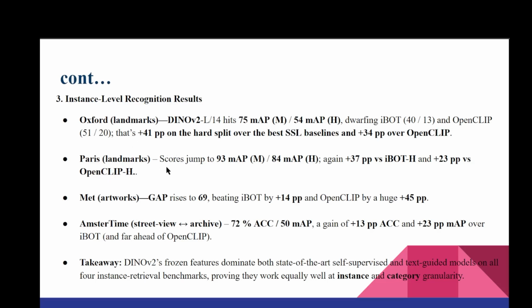On the Paris dataset, the scores are 93 and 84, and on the Met dataset it has 69. So the takeaway is DINOv2's features dominate both state-of-the-art self-supervised and text-guided models on all four instance retrieval benchmarks, proving they work equally well at instance and category granularity.